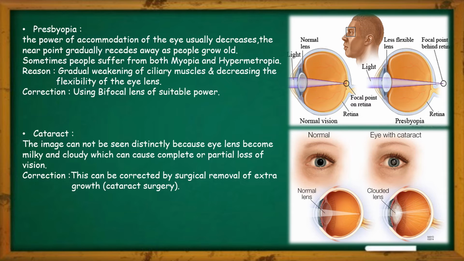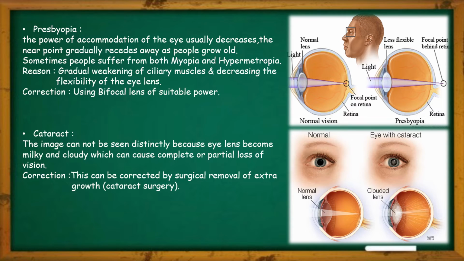This condition is known as cataract. It causes lots of problems in visualizing objects, because everything seems blurred to them. It can cause complete or partial vision loss also.